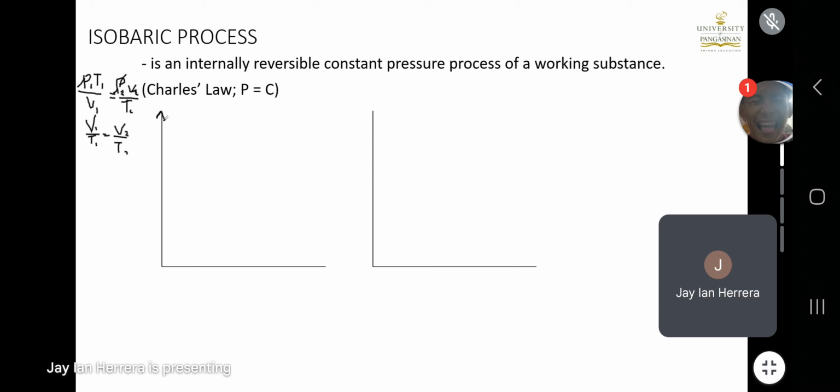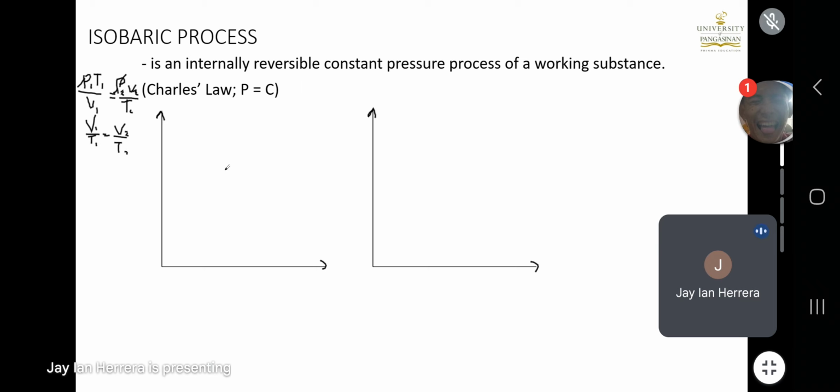Okay. So under constant pressure, we can draw. Sa problem solving naman, hindi gaano kayo nahanap naman PV and TS diagram for processes. Usually, hinahanap PV and TS diagram pag under cycles na siya.